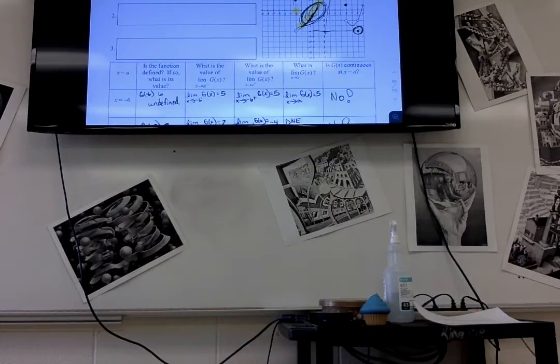Then, what do we know? The limits have to be the same. Doesn't the g of whatever, the point, have to be the same? So the limit as x approaches a from the left must equal the limit as x approaches a from the right, which equals some number.